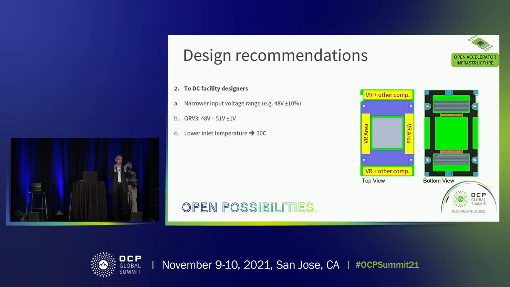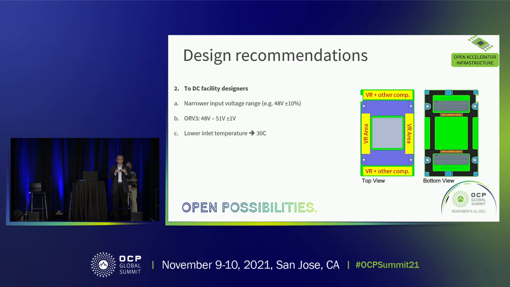There are still certain data center facilities that cannot adopt this narrower range. We need the whole community to work together. If you would like to deliver higher power with high performance, let's work together as a community also to narrow this input voltage range. And instead of 40 to 60, let's make it 48 to 51, for example. Why not even a regulated single voltage, regulated 48 volt, plus minus 10%.